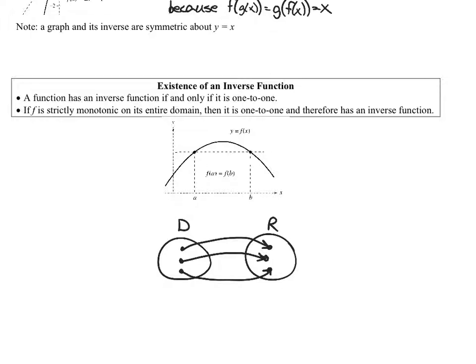But one thing that was possible to happen is you could have had a number that was mapped to something over here that already had something else mapped to it. So this right here would be a function, but right here there are two different x values mapped to the same y value. So this is not 1 to 1.